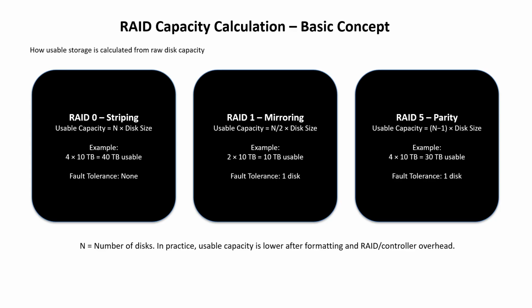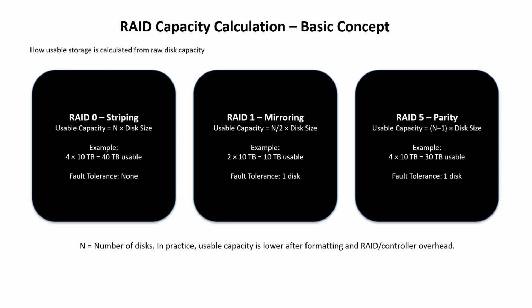However, there is one major disadvantage of RAID 0: it provides no protection against disk failure. Suppose one disk fails, then your data is gone. The complete RAID volume may become unusable because parts of the data are distributed across the disks.